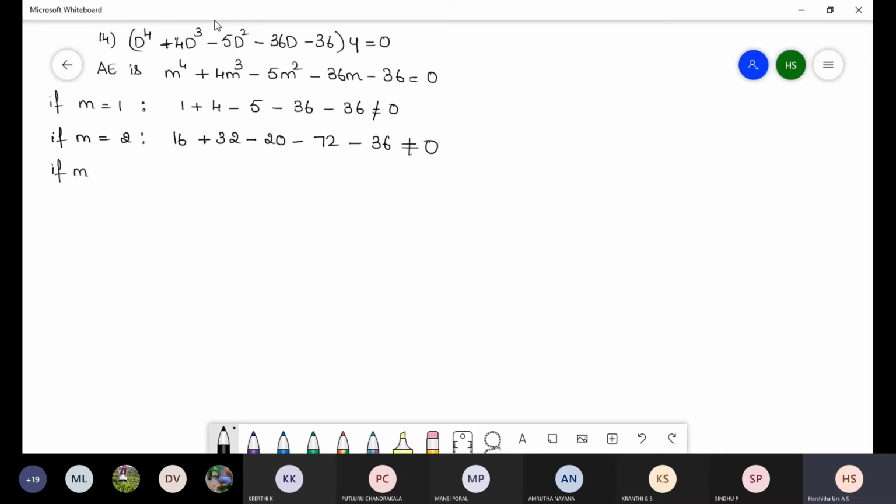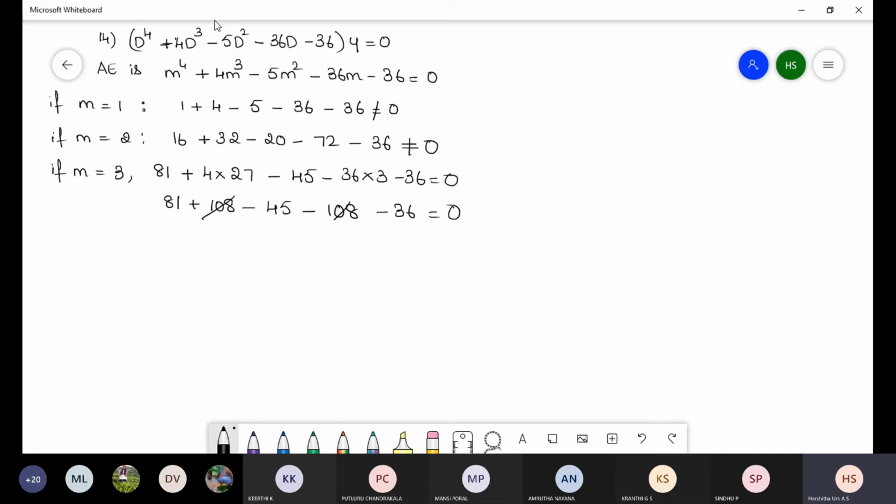Next comes m is equal to 3. So 3 power 4 is 81 plus 4 into 27 minus 5 nines are 45, minus 36 into 3 minus 36 is equal to 0. So 81 plus 4 twenty-sevens are 108, minus 45, minus 108 minus 36.